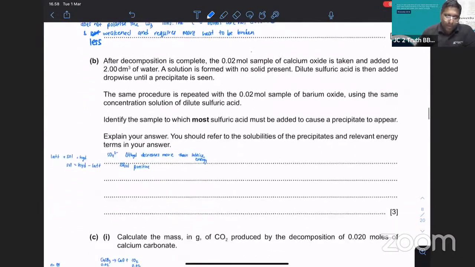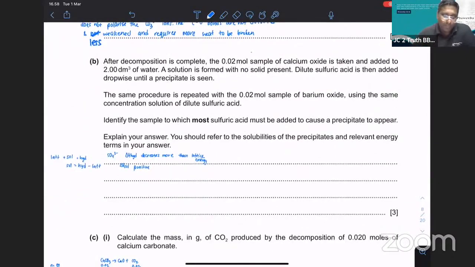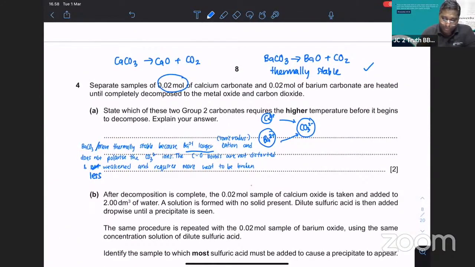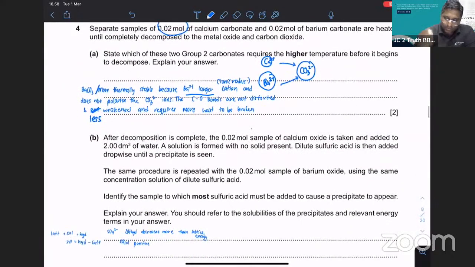Let's move on. After the decomposition is complete, after they change into barium oxide and calcium oxide, you take the sample and put in 2 dm cubed of water. A solution is formed, no solid present, so it means they dissolve everything. So you take the calcium oxide, you add water, and you are going to get calcium hydroxide.